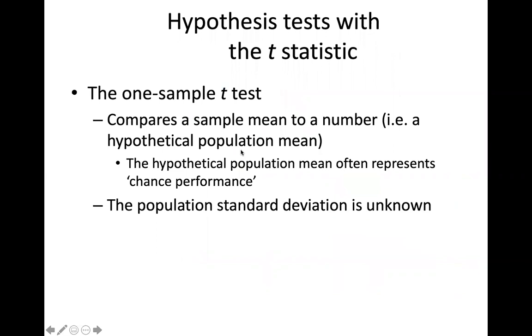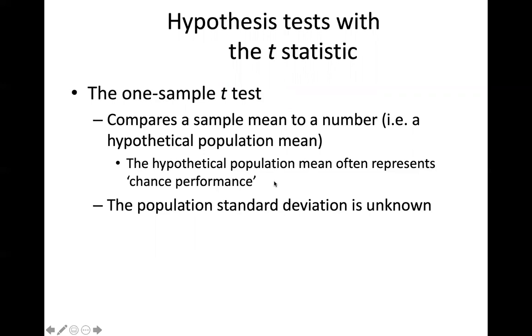So we'll do some more examples of using the t-table, but first I want to give us an example of the actual one sample t-test, which is what we're performing in this class. With the one sample t-test, we are comparing some sample mean to a number, and that number is a hypothetical population mean. It's hypothetical because the hypothetical population represents chance performance.